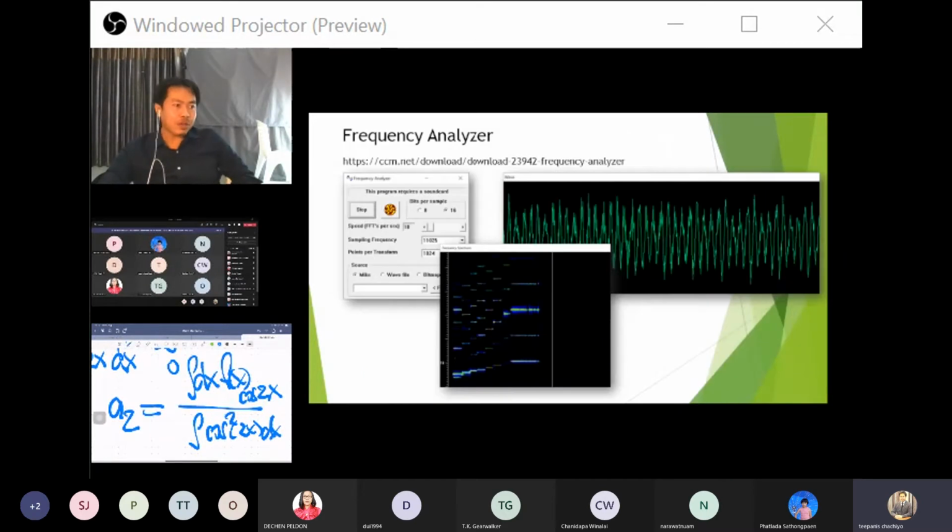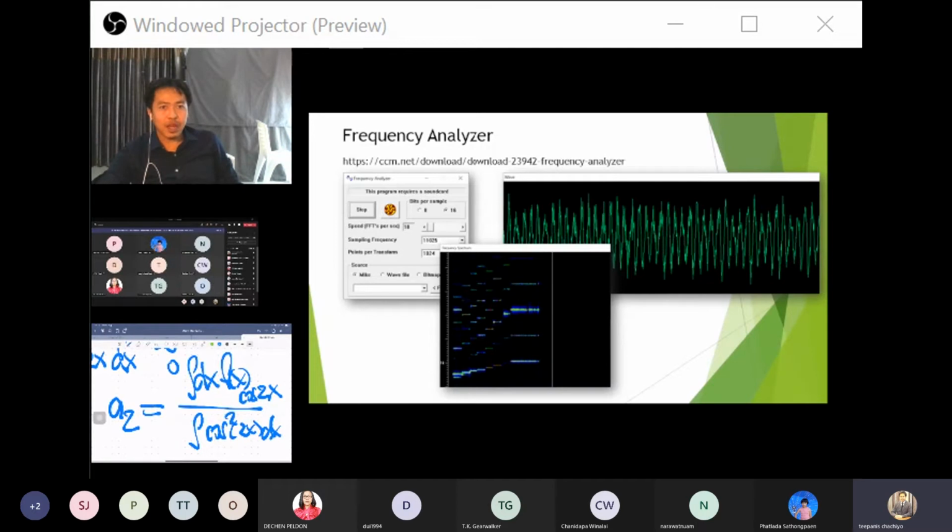Now I want to show you this software that we can use to see in real time the comparison between the real space, or in this case real time, and the Fourier transform. Let me get to the screen so I can show you this nice graph over here. This is called a frequency analyzer.